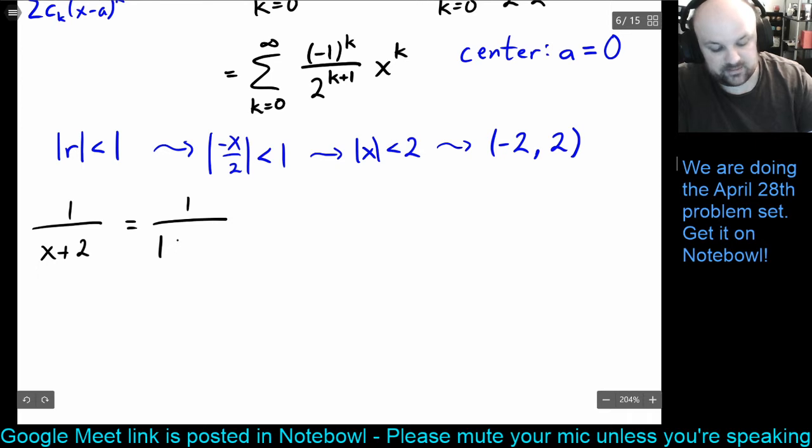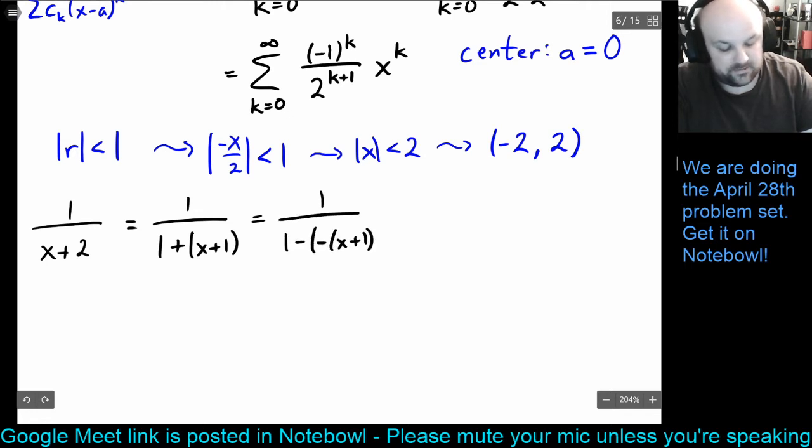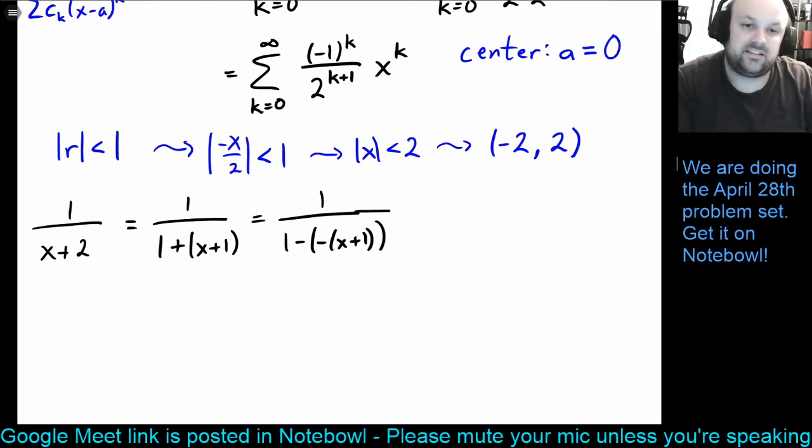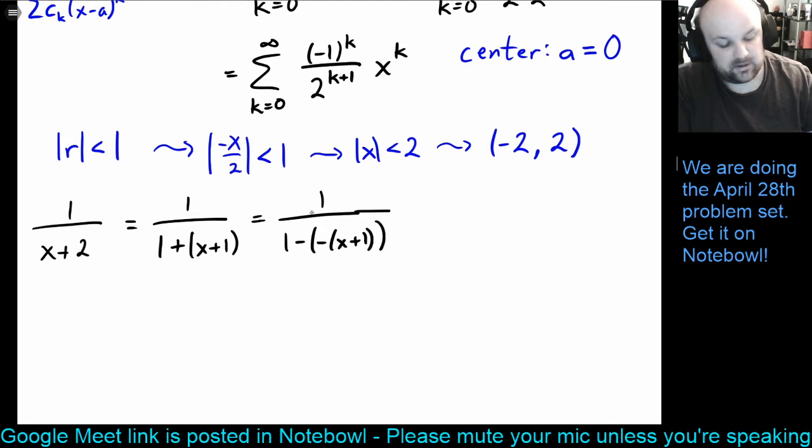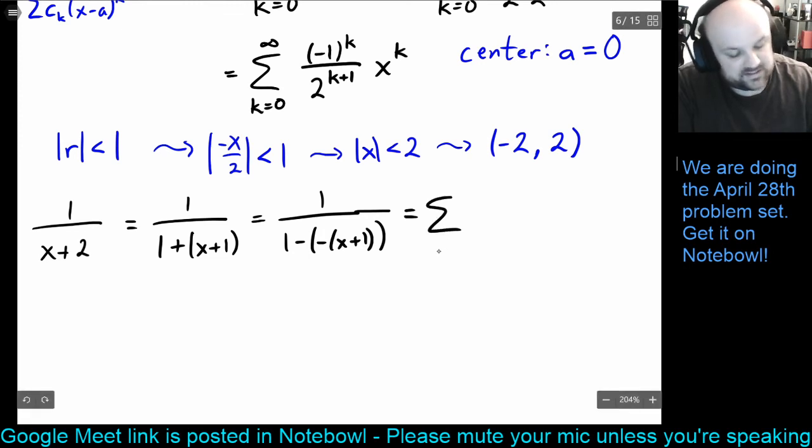So I'm going to write this as 1 plus (x plus 1). And then that's 1 over 1 minus negative (x plus 1). Now we can apply the geometric series rules to this, where a is 1 and r is all of this. So it's the sum from 0 to infinity of a, which is 1, times negative (x plus 1) to the kth power.